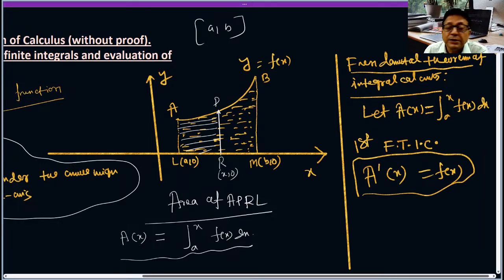Okay, this is actually a version of the Leibniz rule, but you don't have the scope to discuss it in today's class. Leibniz rule we are not going to do. That we will do when exclusively you are doing it for JEE exams. So by the fundamental theorem of integral calculus, A dash x will be equal to f(x).